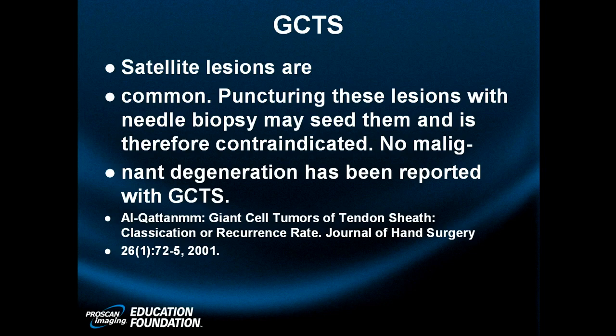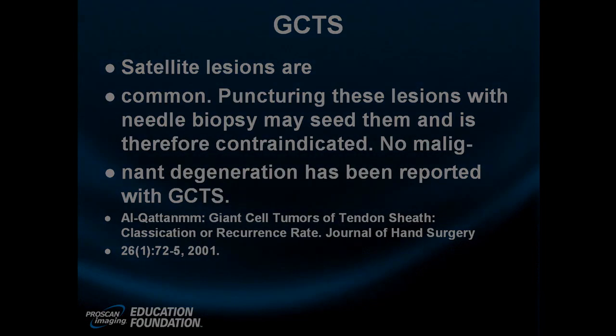The first response is, okay, let's get a piece of it. Wrong. You'll seed them. You don't want to biopsy this lesion. You want to excise it. Or you might want to leave it alone. GCTS, dorsum of the hand, TFC normal. Median nerve, anomalous, bifid.